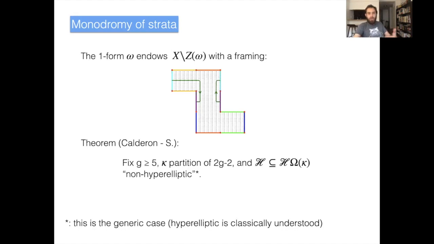So in the generic case of a non-hyperelliptic stratum component, we tell you that the monodromy preserves the framing, and moreover it surjects onto the frame mapping class group. So the slogan is that the monodromy is as big as possible, given the evident topological constraint of it needing to live in the frame mapping class group.